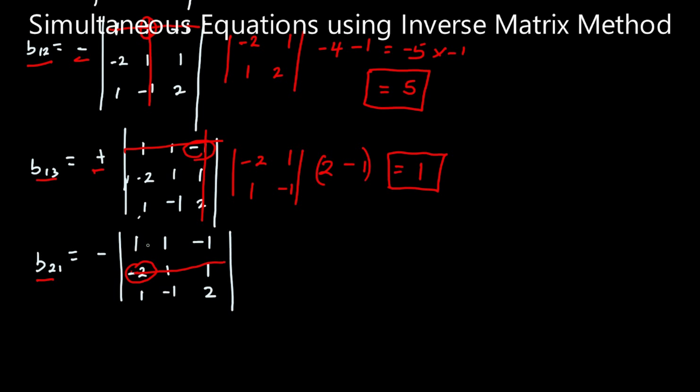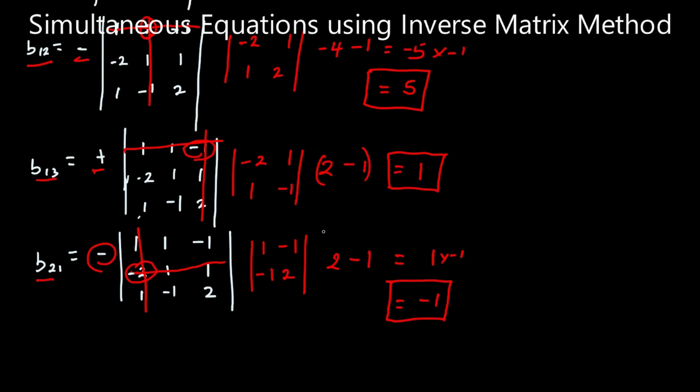So we close this row, we close this column, we remain with 1, minus 1, minus 1, 2. Evaluate this for the determinant. 2 times 1 is 2, minus 1 times minus 1 is 1. So 2 minus 1 will be 1. And then our sign there is negative, so we multiply this by negative 1 so that we have our answer as minus 1. This is going to be the element in B21.